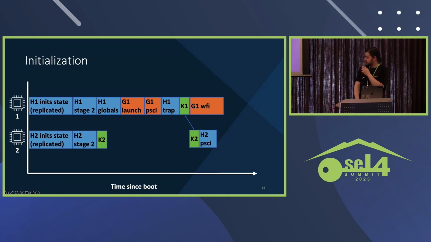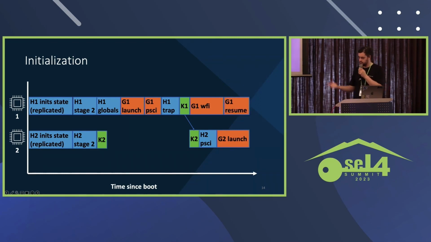The other hypervisor receives this event from the first hypervisor saying that there was a PSCI power on request, just a single word message, and it's able to launch the second guest. The second guest starts up, does its thing, potentially sends SGIs to the first core or releases a lock for the first core, and then the first core is able to resume, and they can run in parallel.